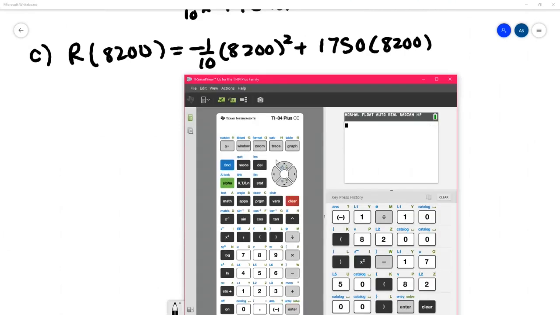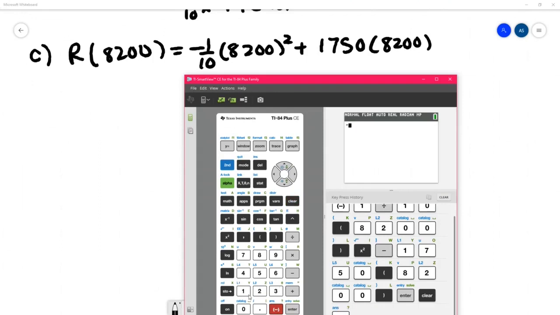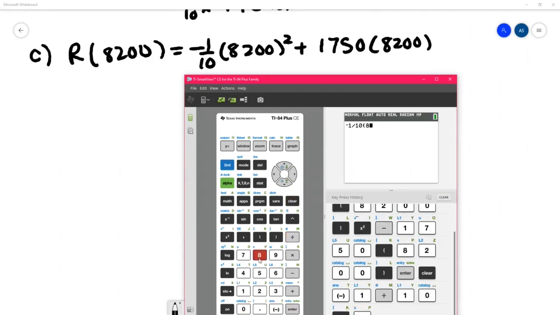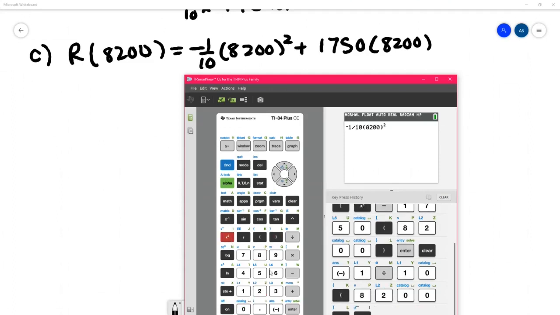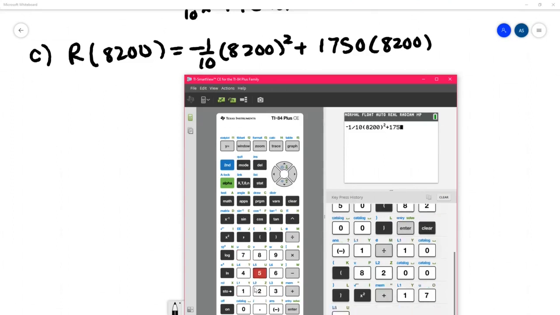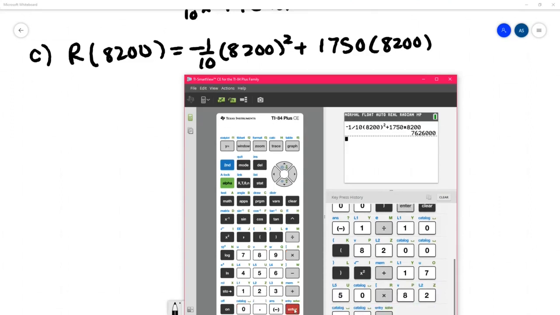All right, we've got negative 1/10 times 8,200 squared plus 1,750 times 8,200.